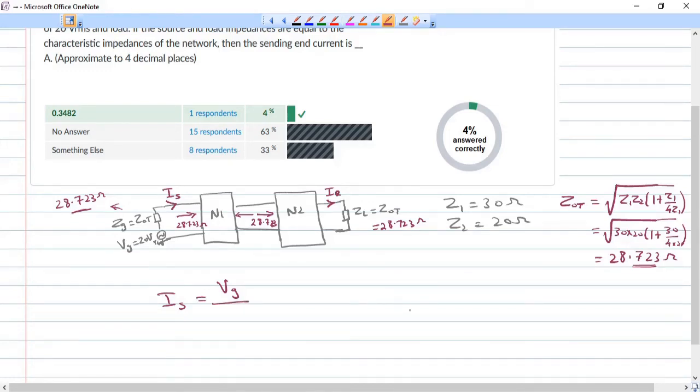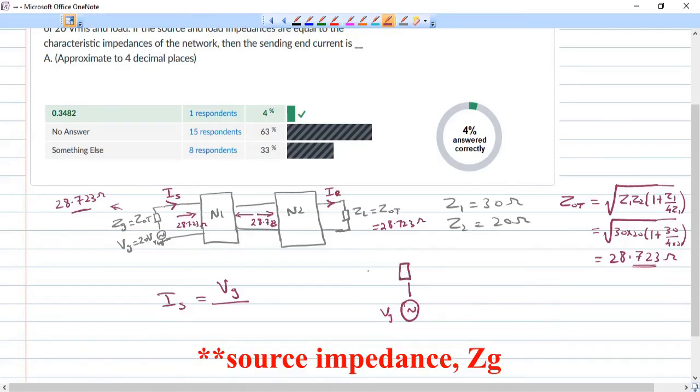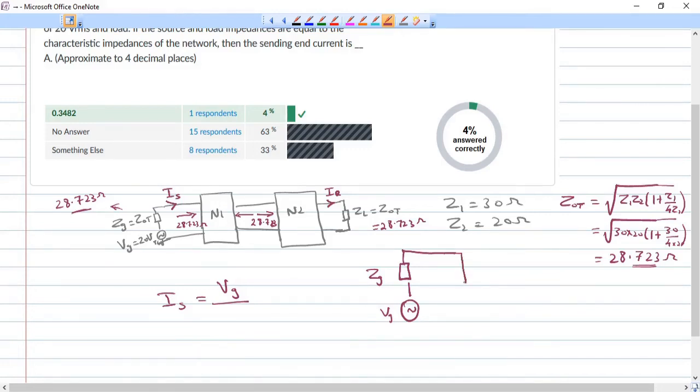Again, this network will appear like this: we have a voltage source VG, and a load impedance Zg attached to the network, and the overall network impedance is equal to 28.723 ohm. Zg is also equal to 28.723, and Vg is equal to 20 VRMS.